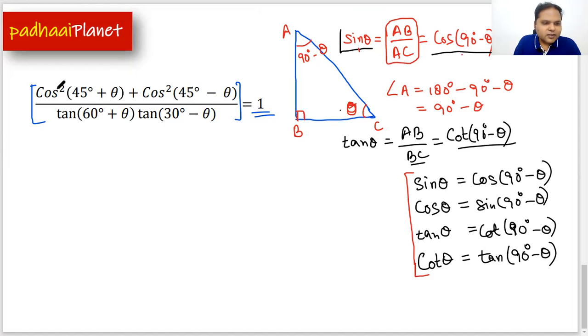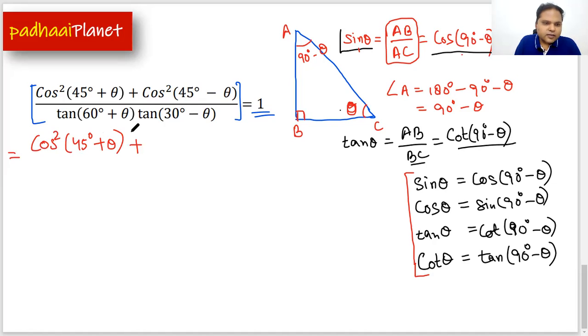The question says cos squared so much plus so much, and we need to prove that the whole of this expression is equal to 1. Now, keep it simple. It's cos squared 45 degree plus theta, we keep it same. And now this is cos squared 45 degree minus theta.